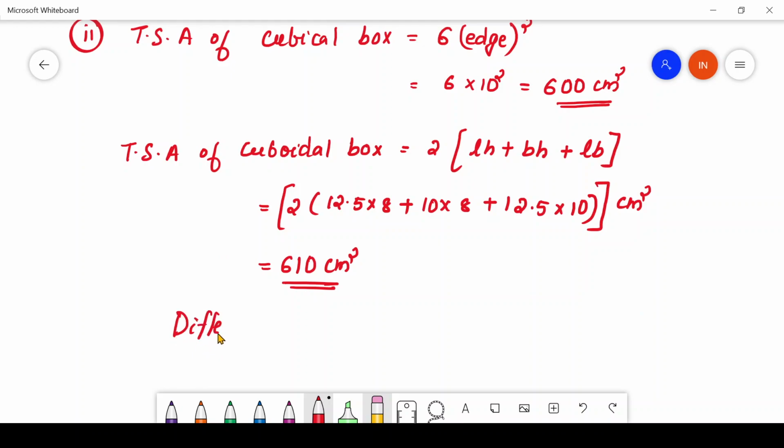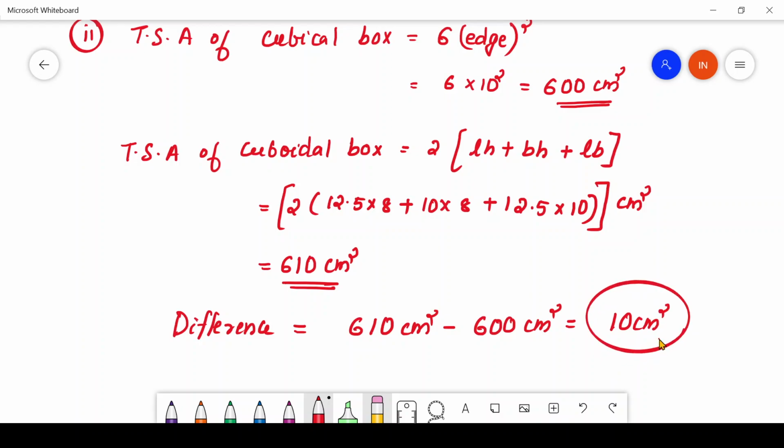Difference is equal to 610 centimeter square minus 600 centimeter square. That is 10 centimeter square less for which one? Yes, the cubical box.